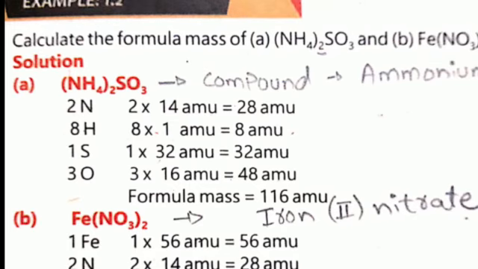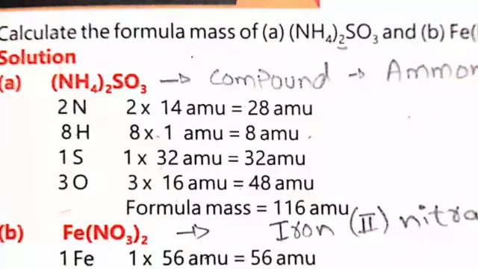Now again, 14, 1, 32, 16 atomic mass units are the masses of nitrogen, hydrogen, sulfur and oxygen respectively. After calculation, we want to find the formula mass of this compound named ammonium sulfite.